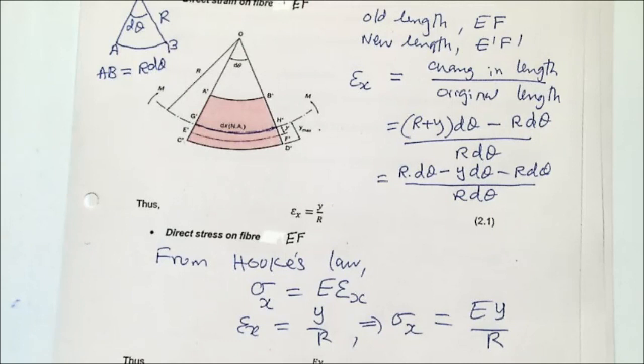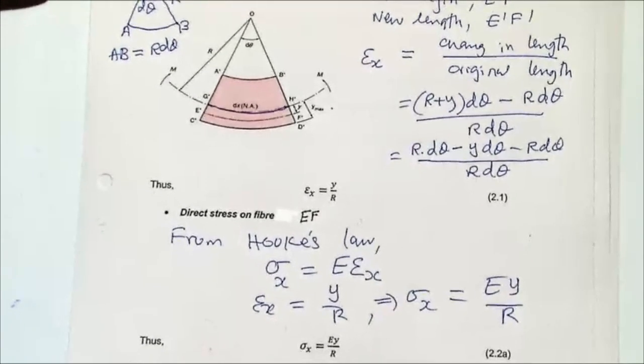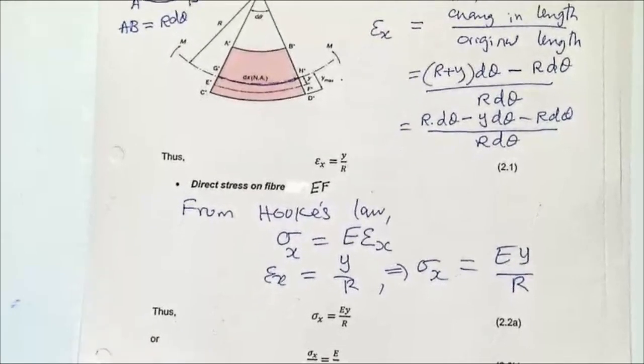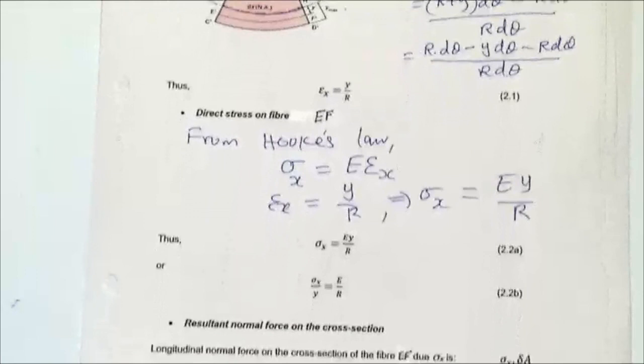So the next stage now is to show what it is in terms of the load. We know it is changing as y is changing from the neutral axis, from the base to the top. So let's see how we relate it to the value of the applied load.